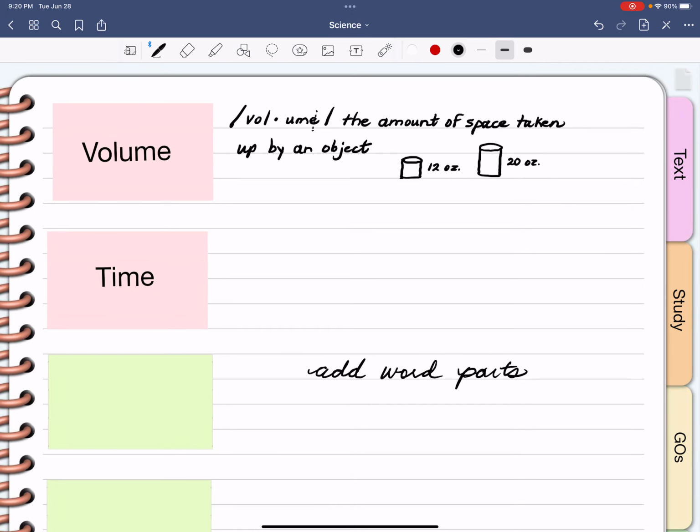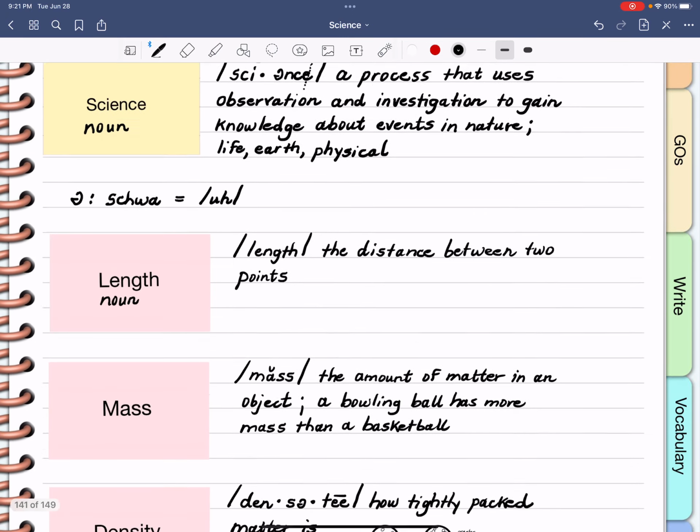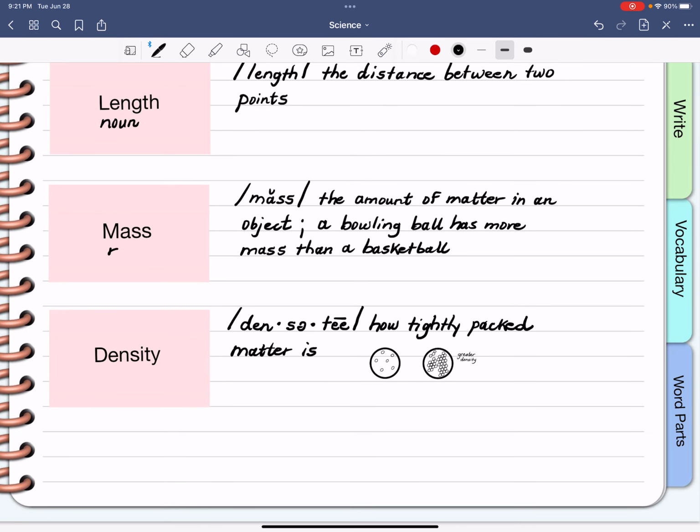Which has the greater volume? Which has soda that takes up more space? Well, this is not a trick question. That would be the 20 ounce. Because the soda in this can takes up more space. That's the volume. And volume is a noun. I forgot to tell you that mass and density are nouns.